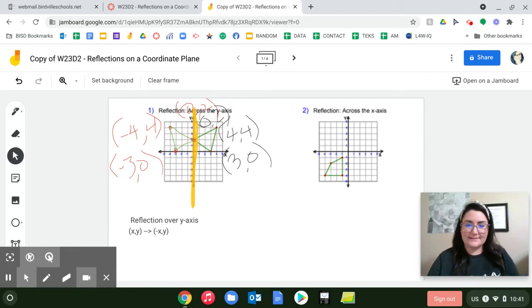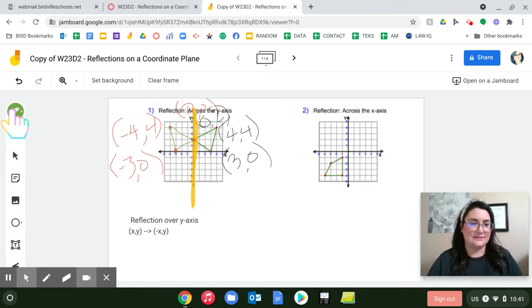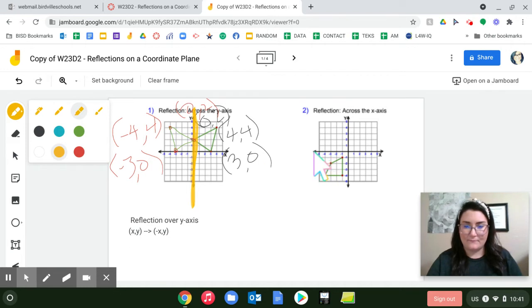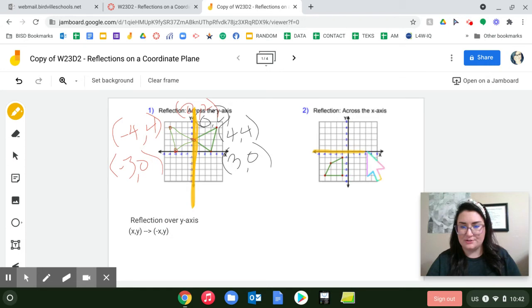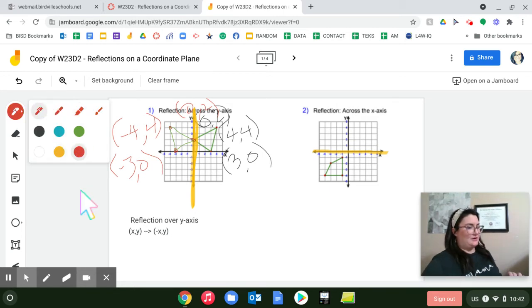Okay, on the next problem, number 2, we are reflecting across the x-axis. So since this is our x-axis, I'm going to highlight it right here. This is going to be like our line of reflection. Make it kind of neater than the last one. And so I want you to make a prediction right here.